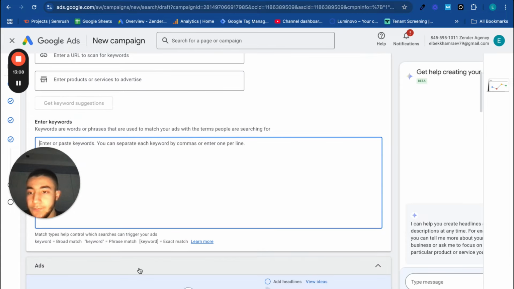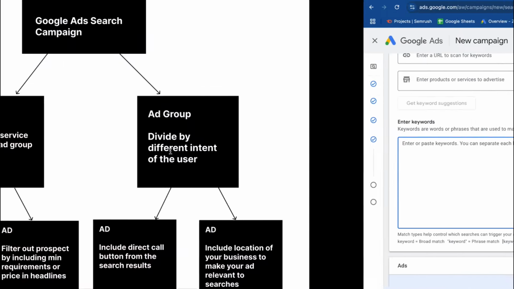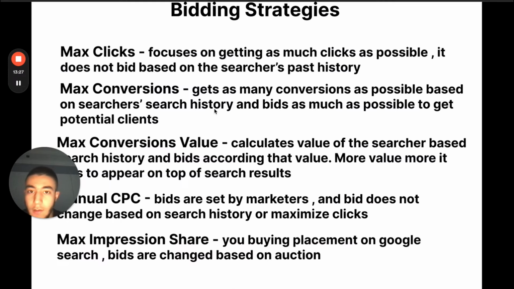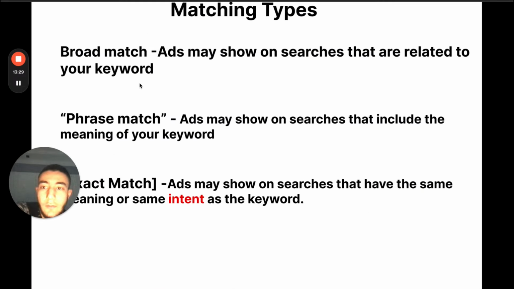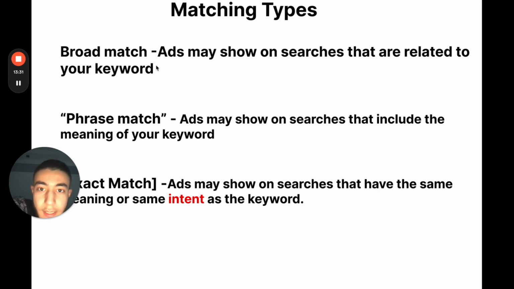and our keyword is going to be plumber near me. There are three different matching types of the keyword, and there are three different ways to match the searcher words with our keyword. So for example, we have broad match. Its ads may show on the searches that are related to our keyword.